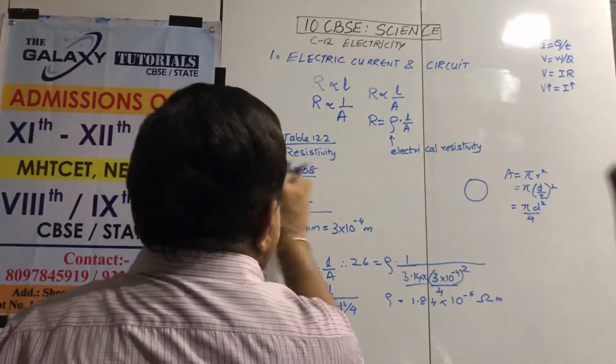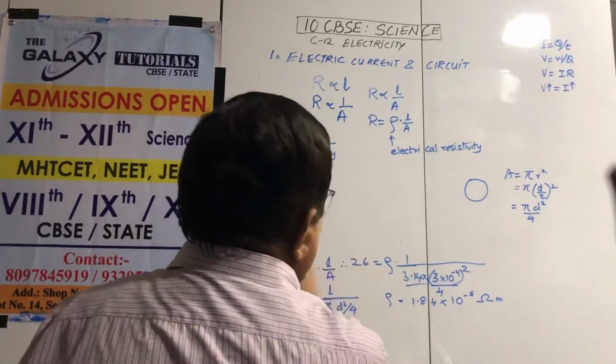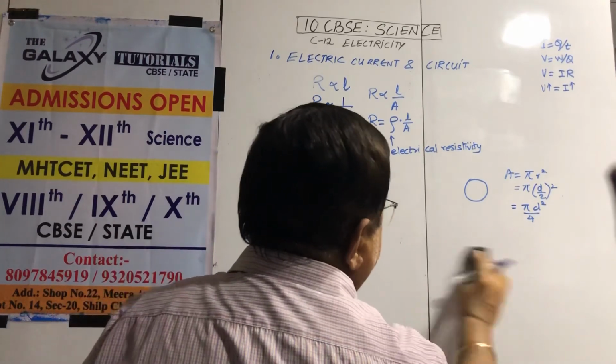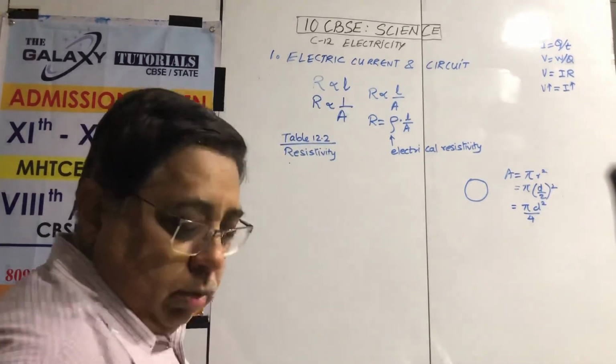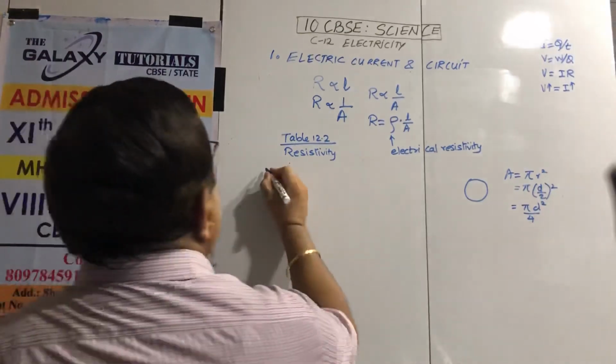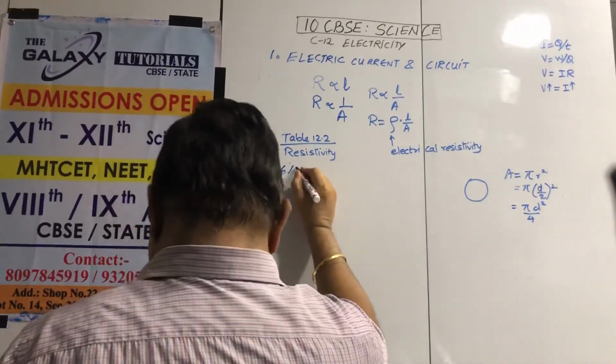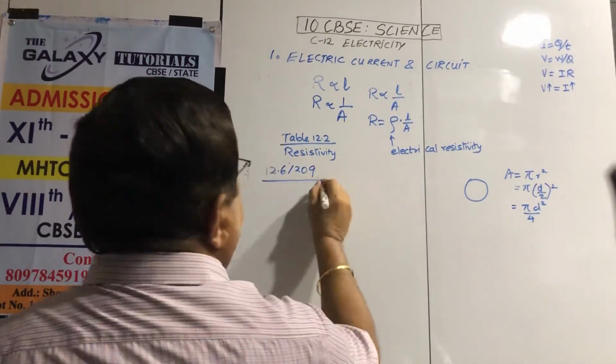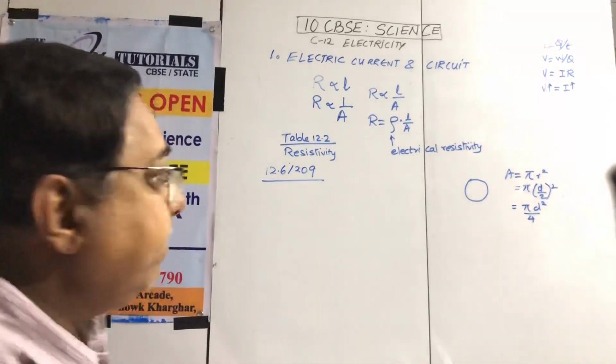Let's see sum number 6, 12.6, page number 209 of your textbook.